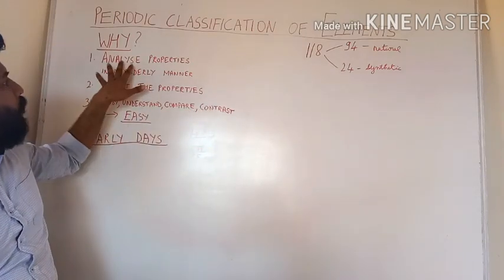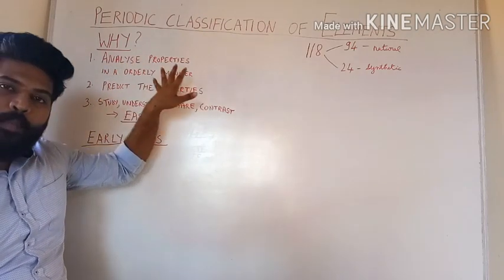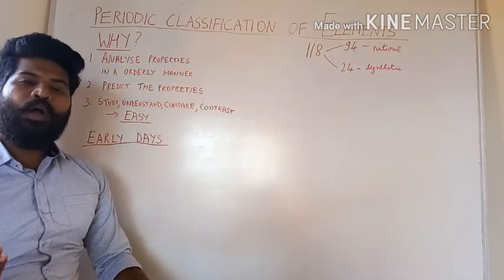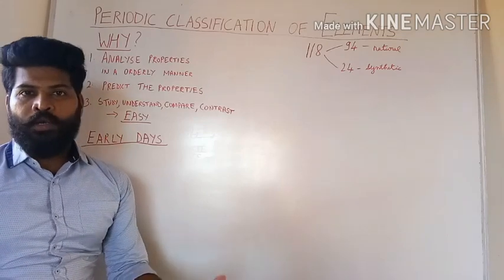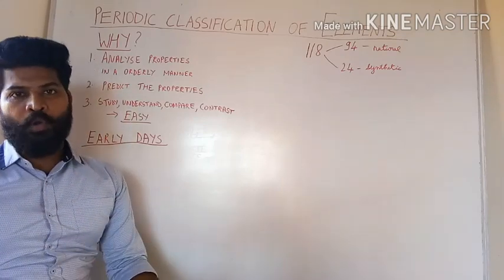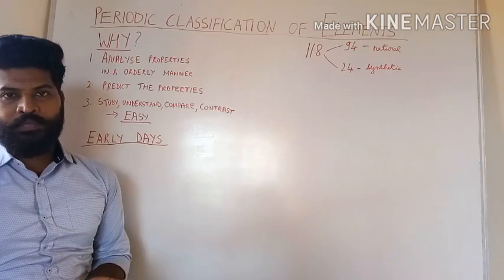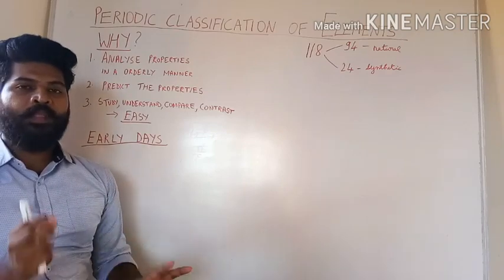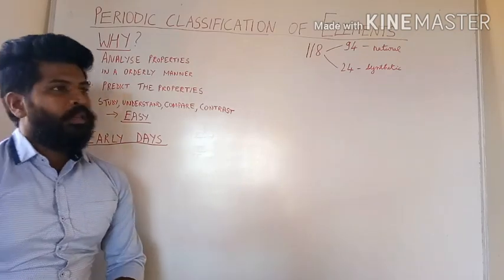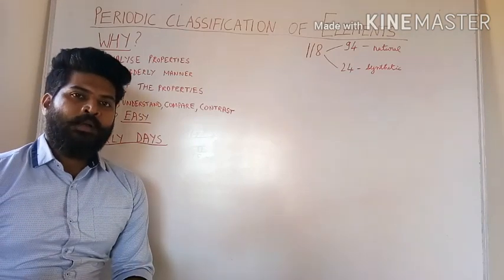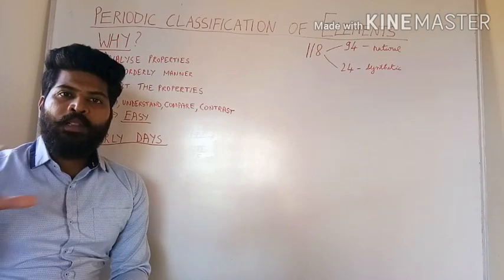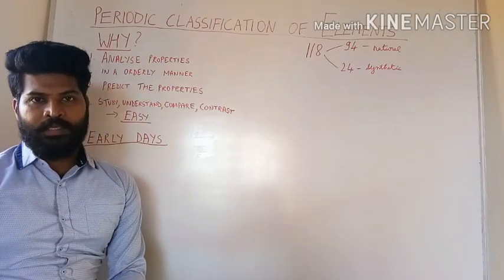Not only that, it also helps us to analyze the properties of elements and compounds individually. For example, if you say gold, what are the physical properties of gold? What are the chemical properties of gold? So we can study them. Now, there are 118 elements. It may not be possible to study all the properties of all the elements.